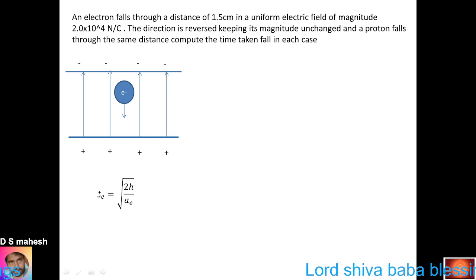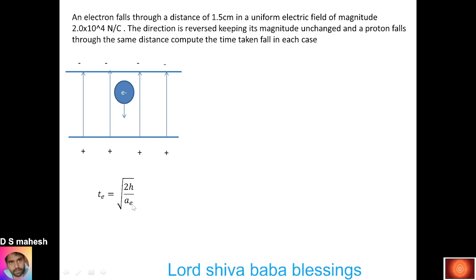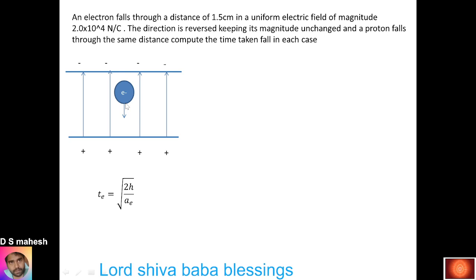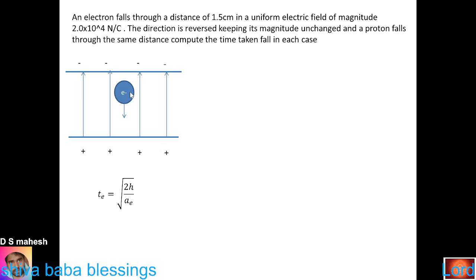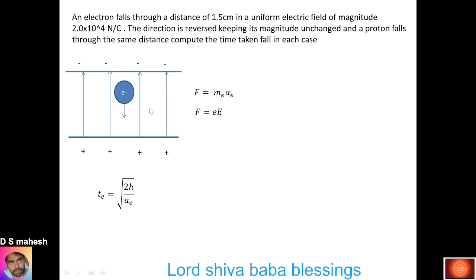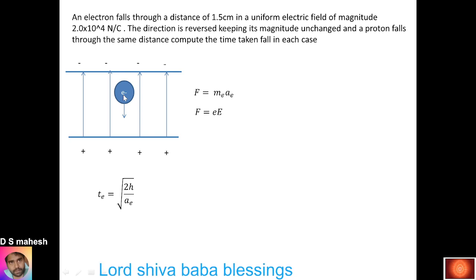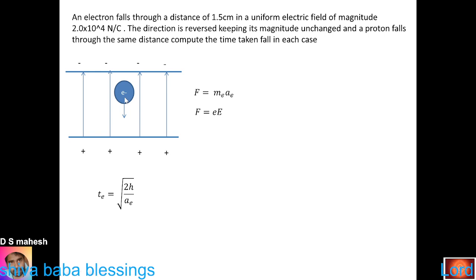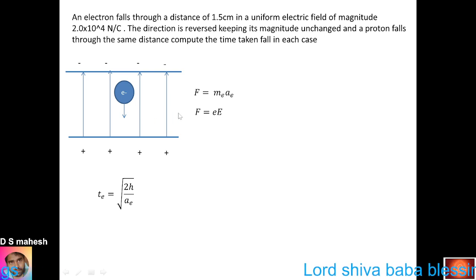So the time of fall is given by the equation t equals square root of 2 into h divided by acceleration of this electron or negative charge. The force on the object which is falling is given by force is equal to mass into acceleration. So the mass of an electron into the acceleration of the electron, and the force on the negative charge, the electron, due to the electric field is given by e into E, where e is the electron charge and capital E is the electric field.